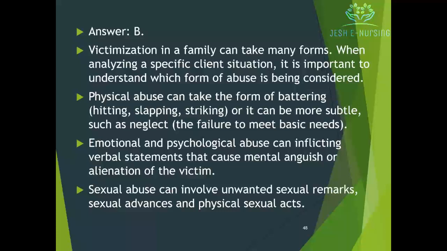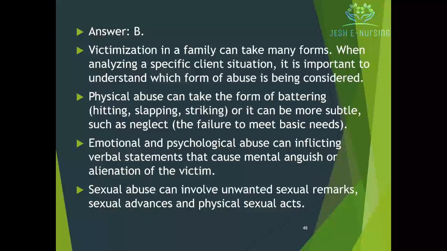Victimization in a family can take many forms. When analyzing a specific client situation, it is important to understand which form of abuse is being considered. Physical abuse can take the form of battering, that is hitting, slapping or striking, or it can be more subtle, such as neglect, that is the failure to meet basic needs.